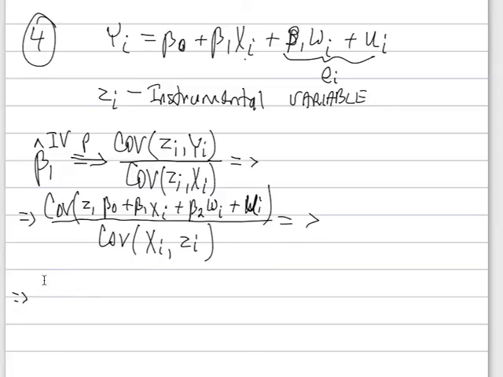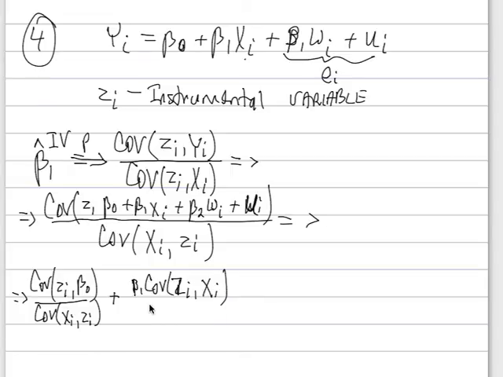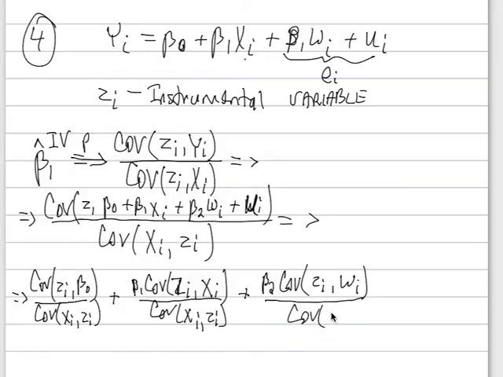Now expand this: covariance between Zi and beta 0 over covariance between xi and Zi, plus beta 1 covariance between Zi and xi over covariance between xi and zi, plus beta 2 covariance between zi and wi over covariance between xi and zi. It's a long simplification, shouldn't have gone this way, but just to make it clear.